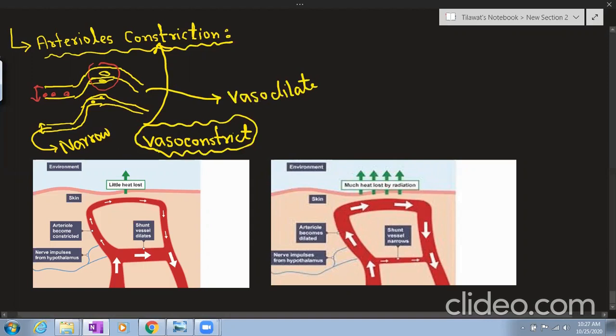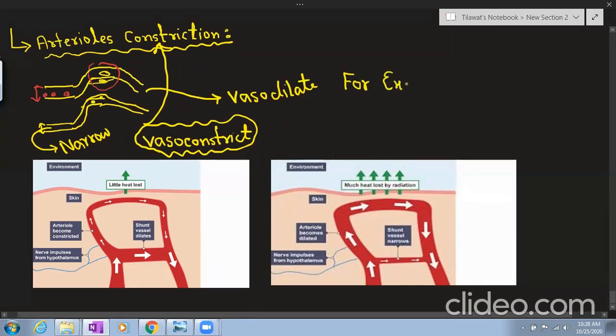But if the blood vessel is constricting, the lumen becomes narrow, so less blood is moving through it, and less blood will go to capillaries, right? By this mechanism, blood movement to different parts of our body is regulated.